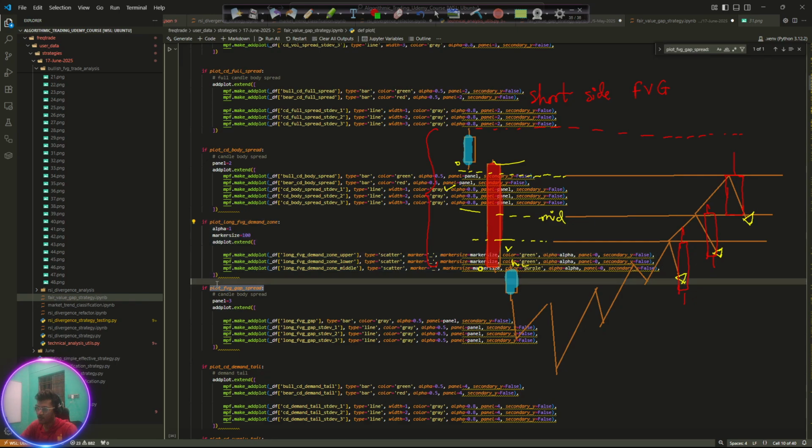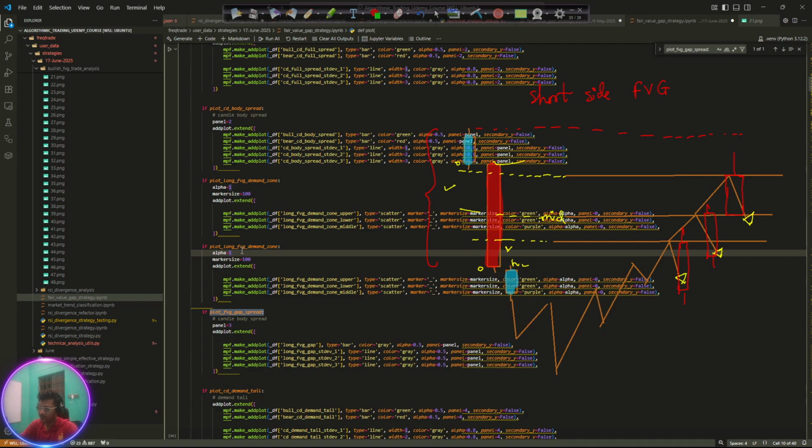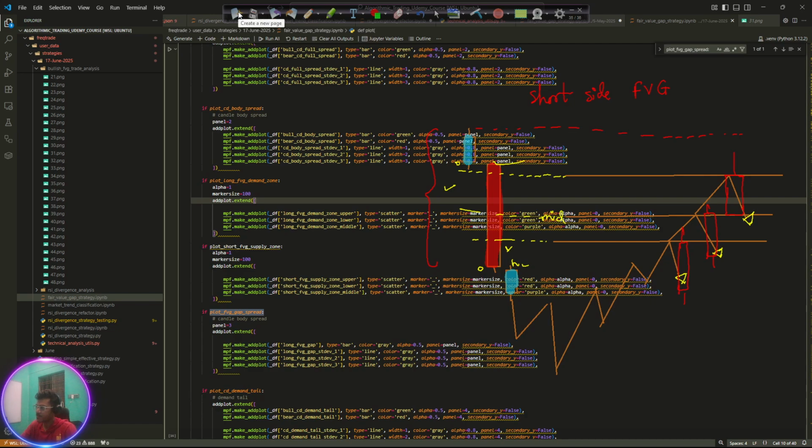So I'm going to plot short FVG supply zone. This will be red. Middle point will be purple. And what I want to do here is shade the area.